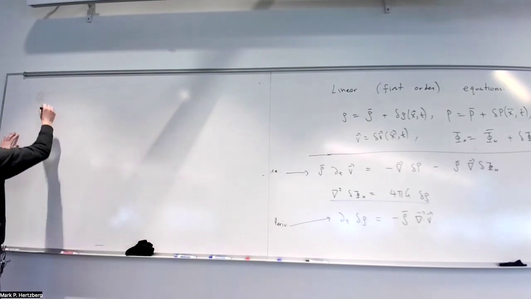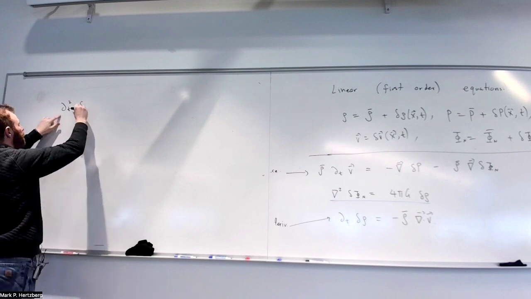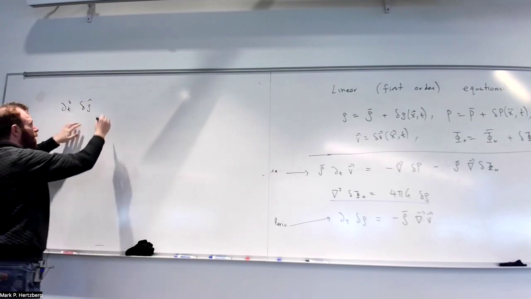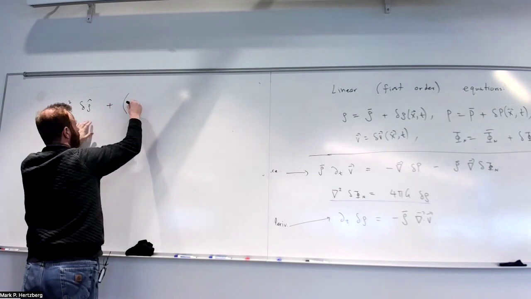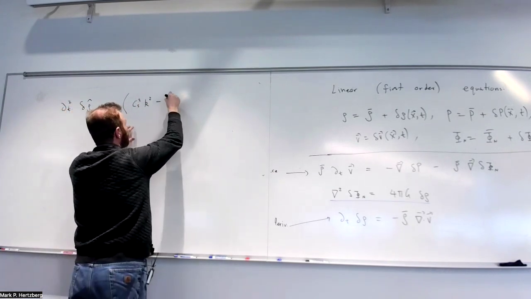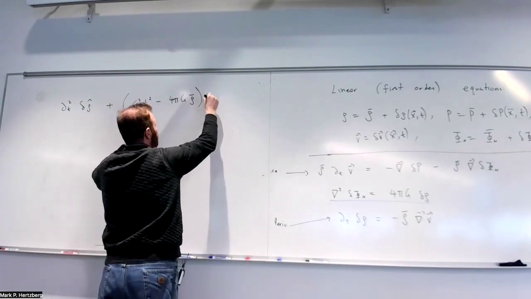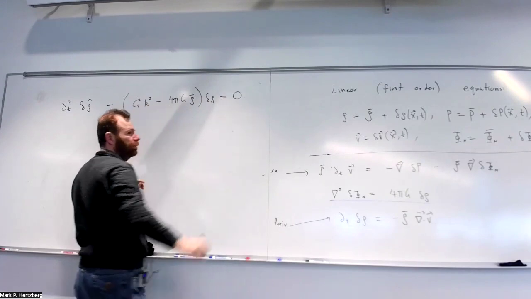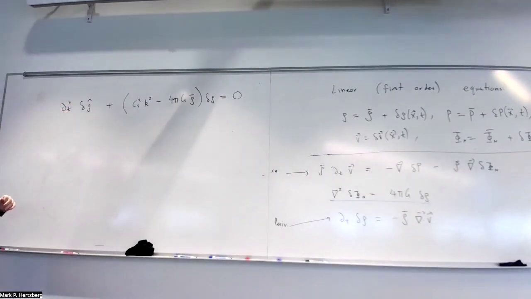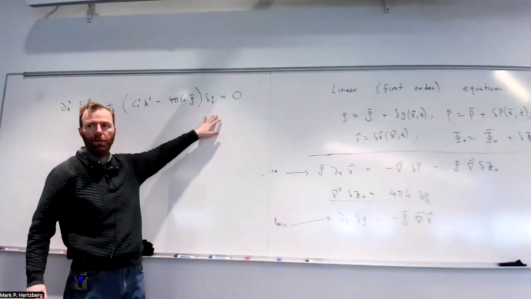So we can write it slightly differently. I can just pull out the dt squared term, delta rho hat, and then the other stuff we can put in brackets. Two time derivatives, and then a constant in k space times delta rho.